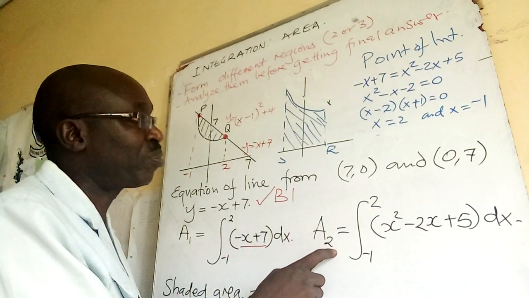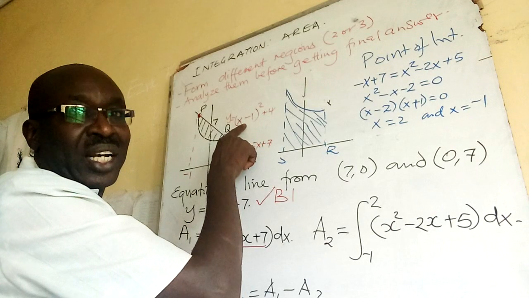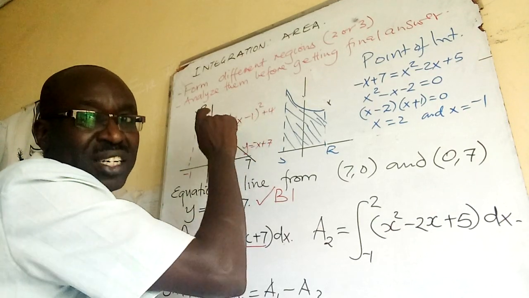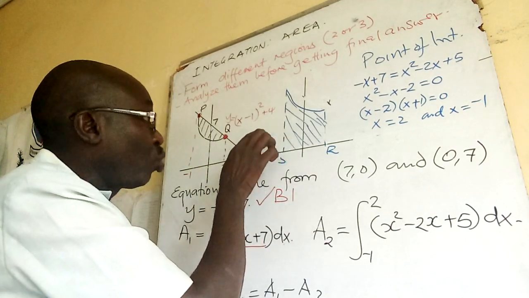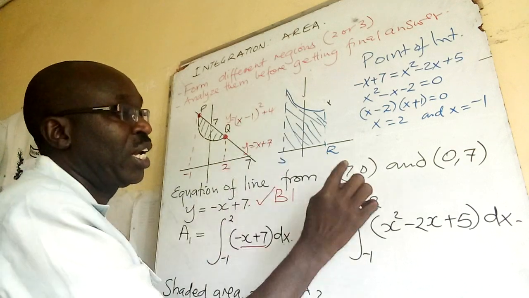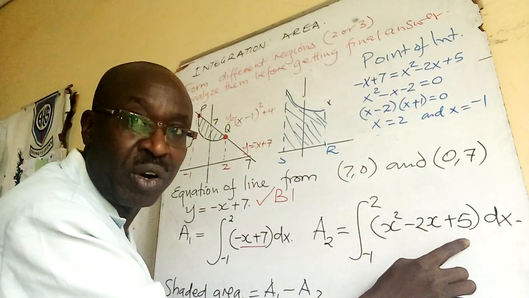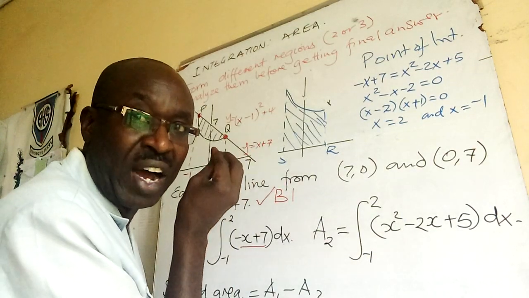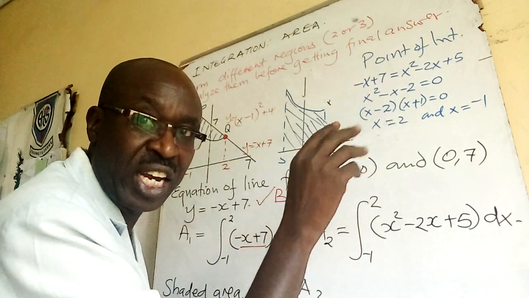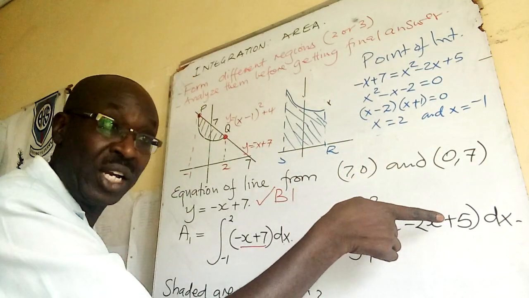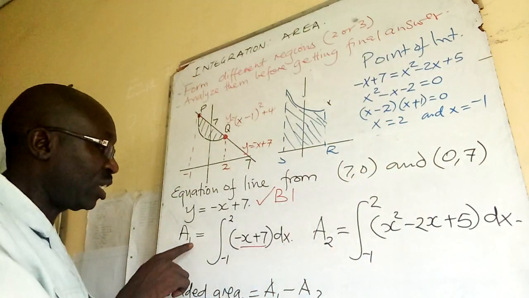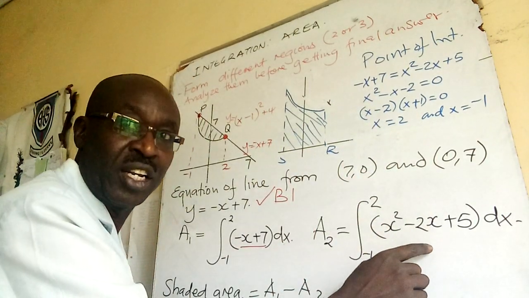Remember, it is x minus 1 in bracket squared plus 4. So when you simplify this, it gives me x squared minus 2x plus 5. Where did 5 come from? In the bracket, I have a positive 1. Outside, I have a positive 4. You get that? So this is area 1. This is area 2.